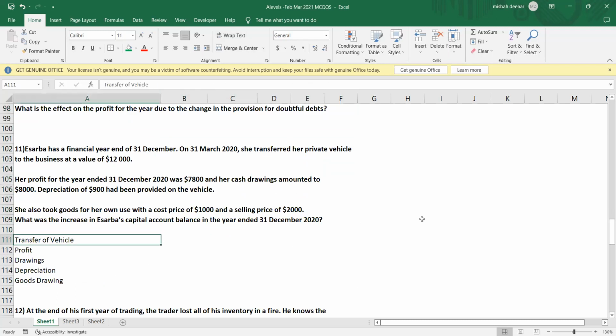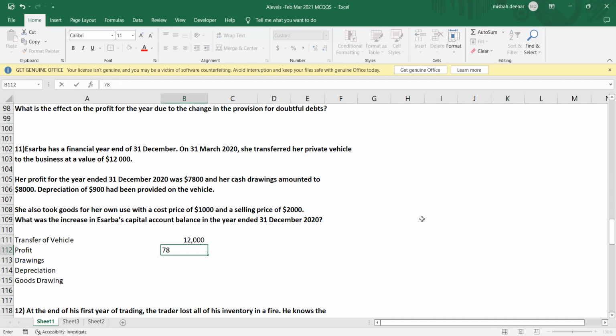So transfer of vehicle of 12,000. Then profit of 7,800. Then drawings of 8,000 and depreciation would be 0. Why?